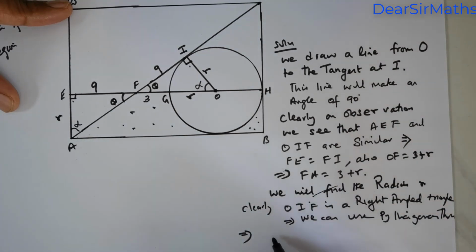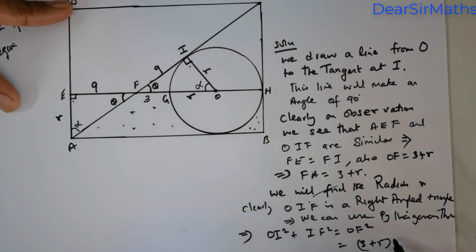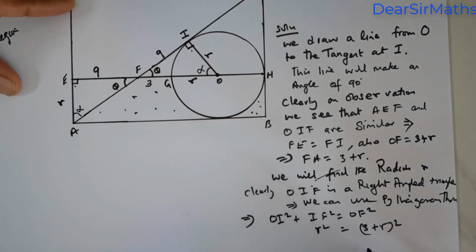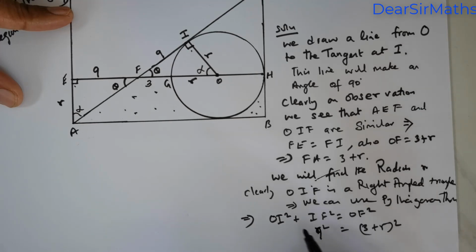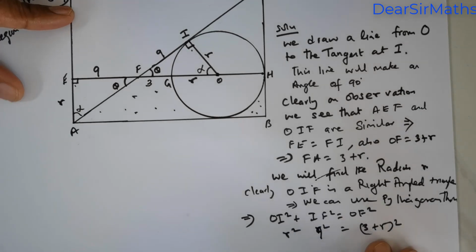So this means OI squared plus IF squared is equal to OF squared. Now OF squared is (3 plus R) raised to the power of 2. IF is 9, so IF squared is 9 squared. OI is R, so OI squared is R squared.